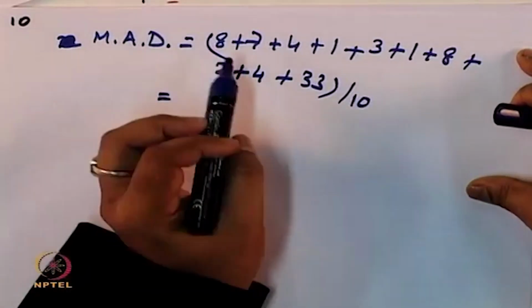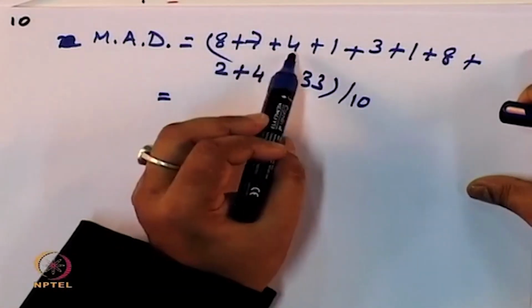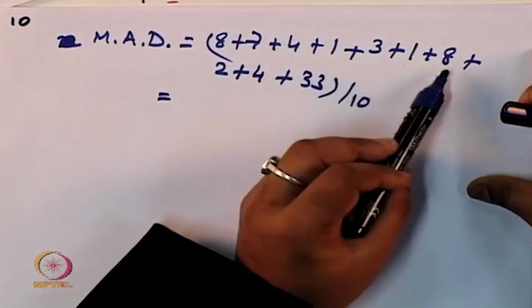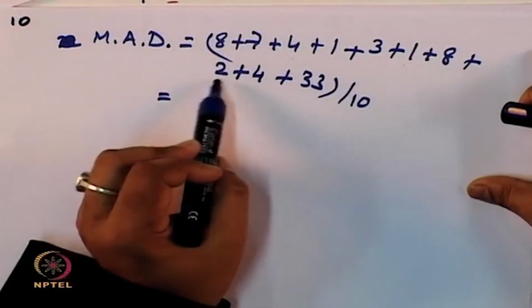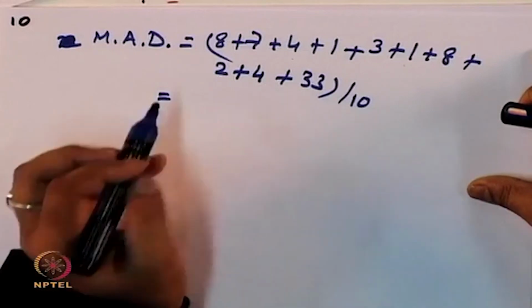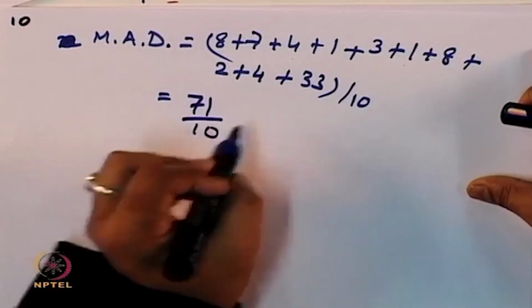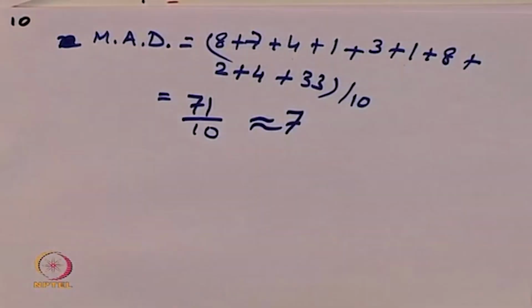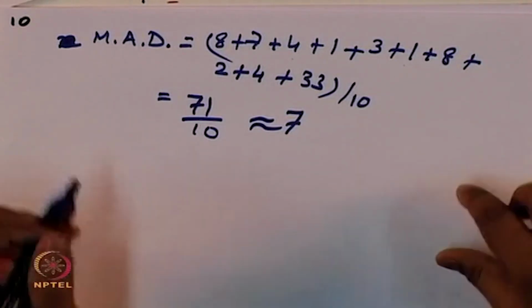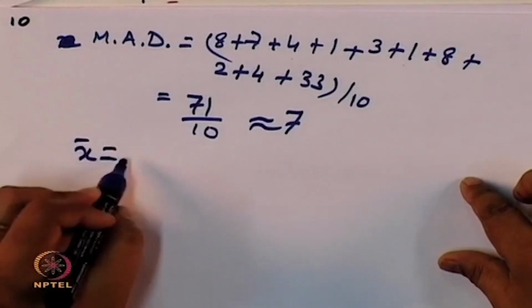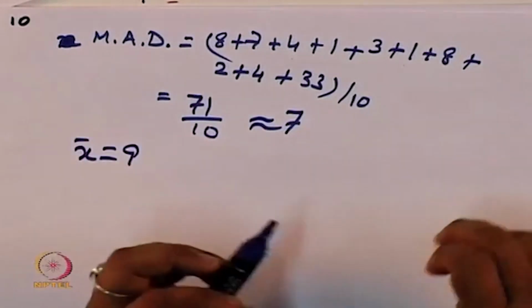So it roughly comes to 8 plus 7, 15, 20, 24, 32 and 6, 38, 71 by 10, which is roughly 7. So as you can clearly see in your values, x bar is 9 and this mean absolute deviation is 7.